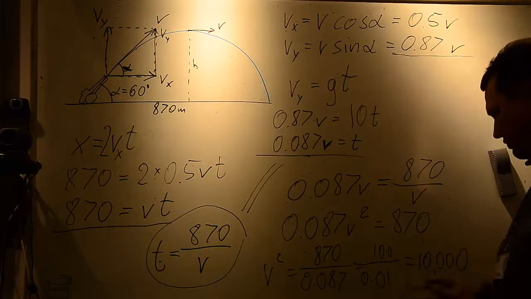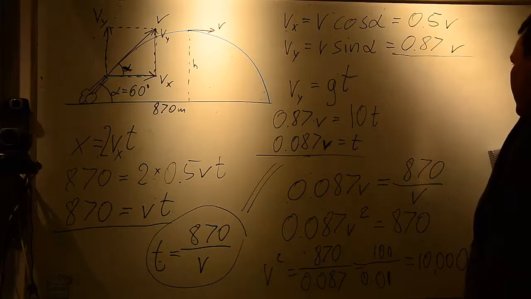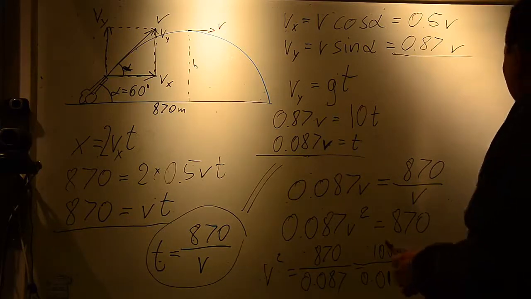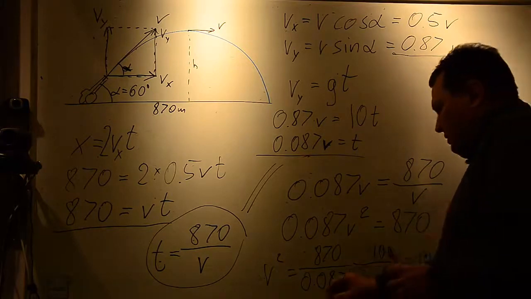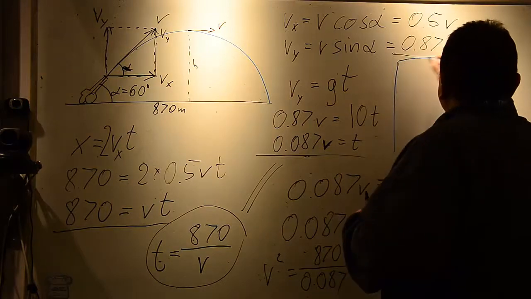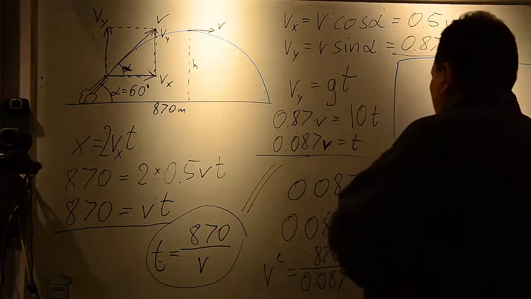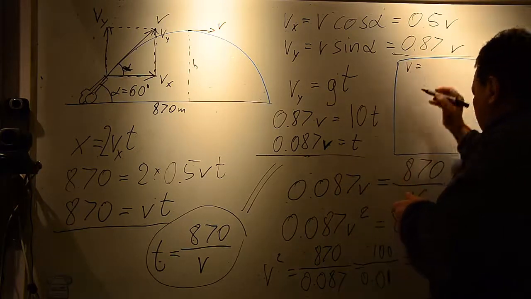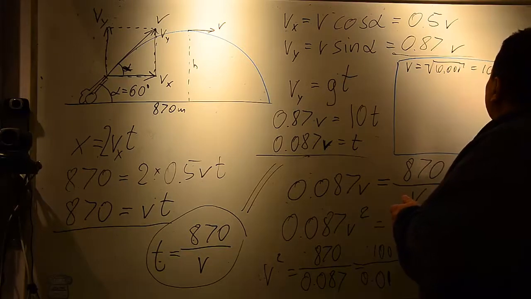Okay? If you have any difficulty with this calculation, use a calculator. If v squared is 10,000, then we can immediately, I've run out of space here, let me put a big line here, okay. So v is the square root of 10,000, it's 100.